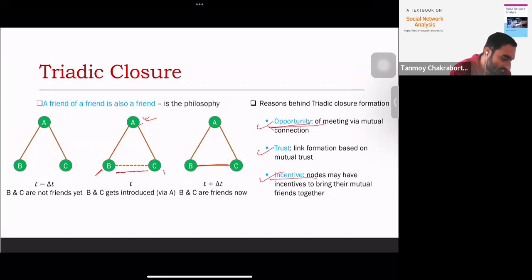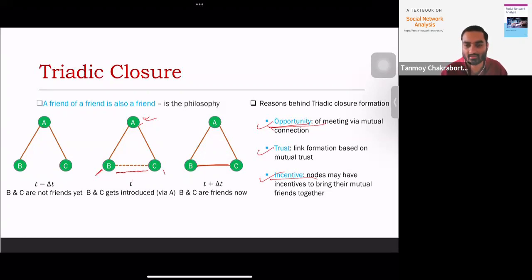Trust. What is trust? Why is trust a factor here? In a network, let's assume that connections are established only based on trust. There is no other factor.